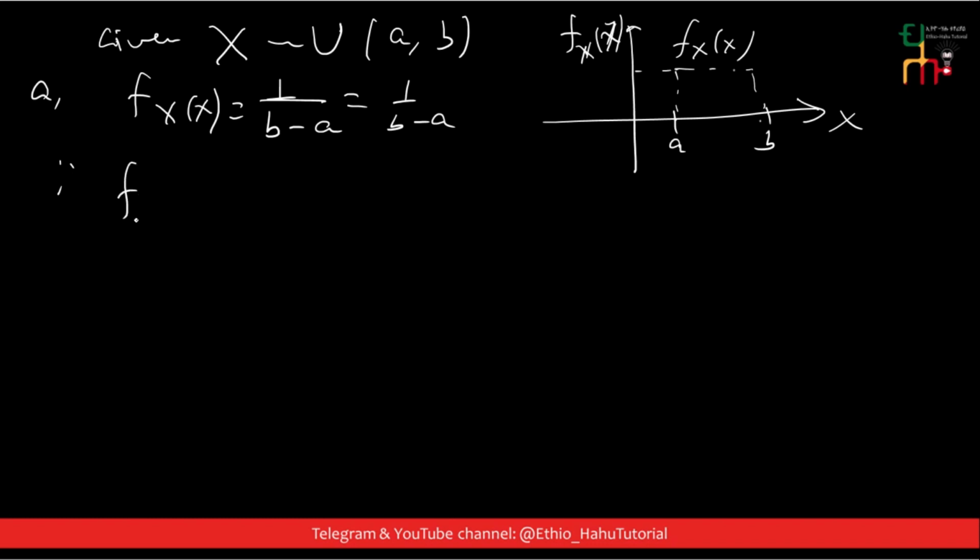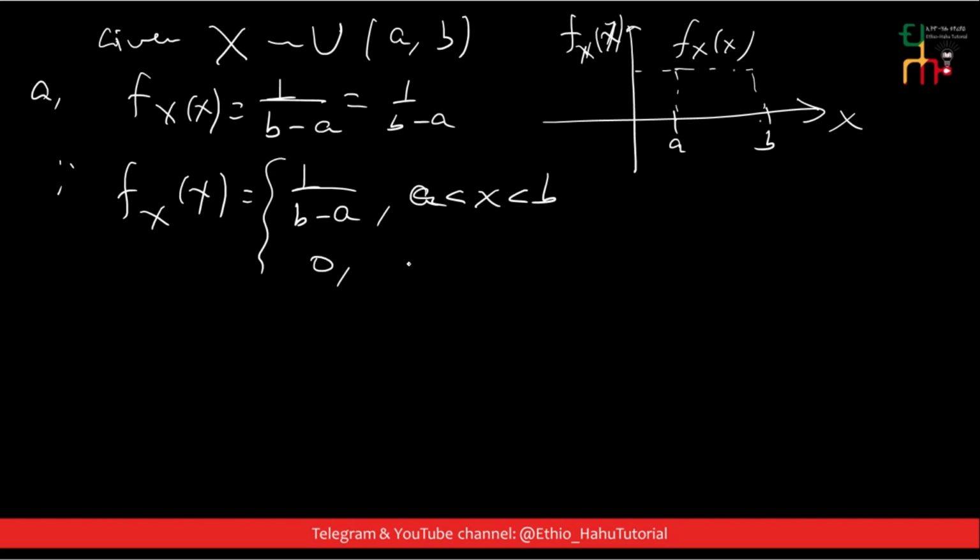Therefore, the probability density function of the random variable x is equal to 1 over b minus a for a less than x less than b, and 0 elsewhere.